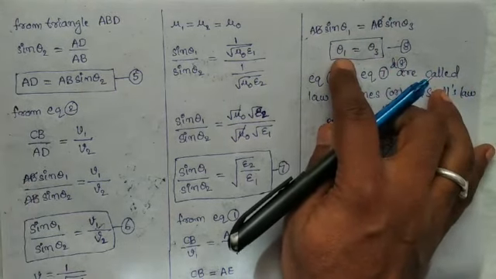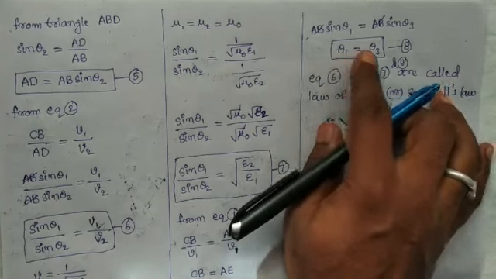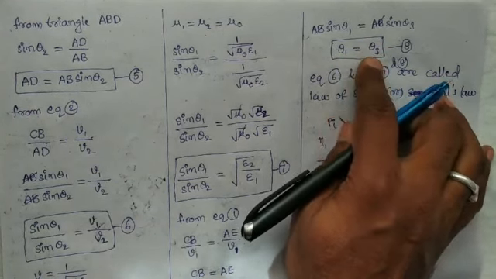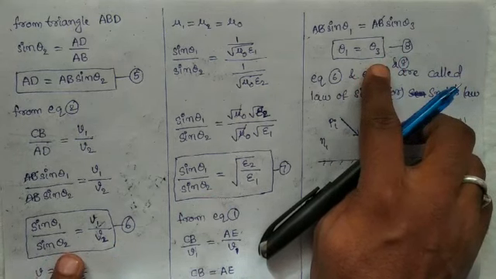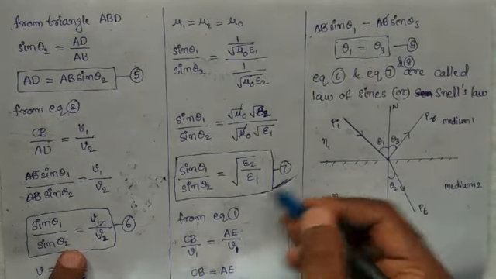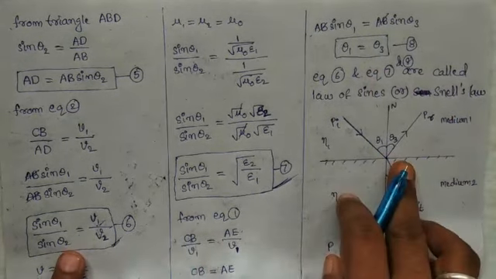This means the angle of incidence is same as the angle of reflection it is. Here equations 6, 7 and 8 are called the laws of sines, or Snell's law it is. These are the Snell's law it is.